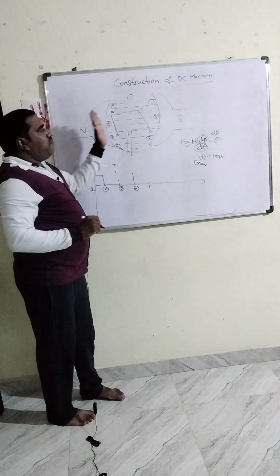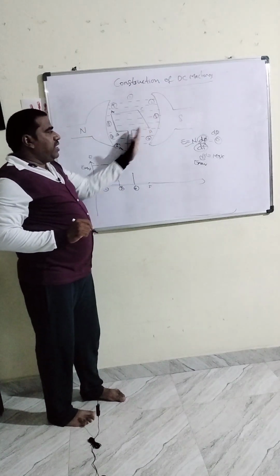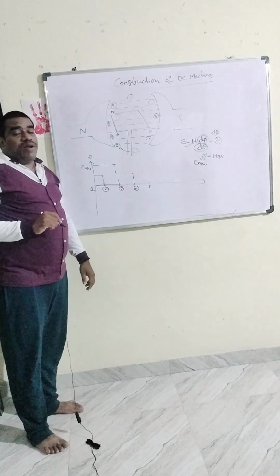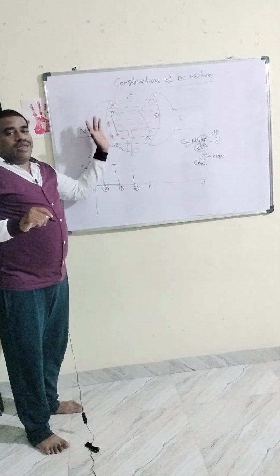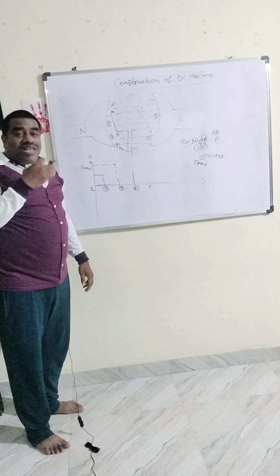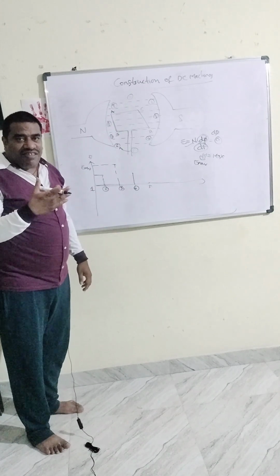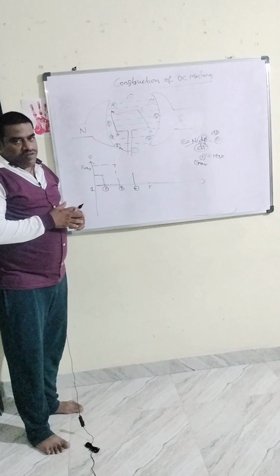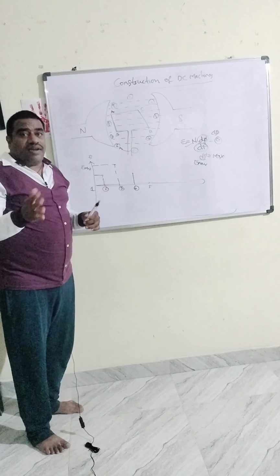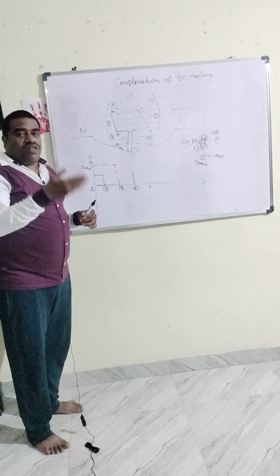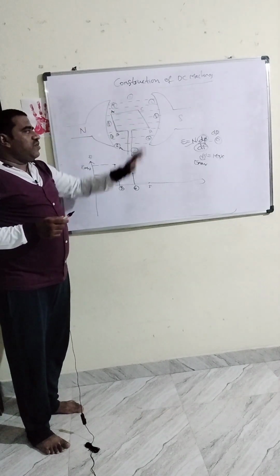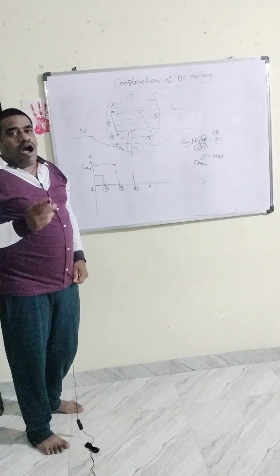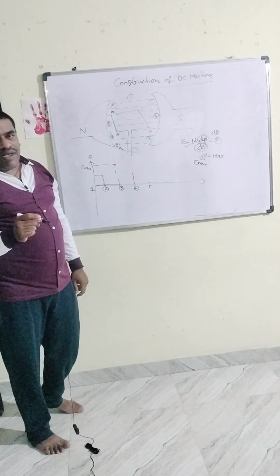Remember I said when half revolution is completed, what you observed: AB has entered the south pole and CD has entered the north pole. Means both the conductors or coil sides have entered opposite poles. So the EMF induced in the AB and CD coils will be of opposite nature, that is negative EMF here.